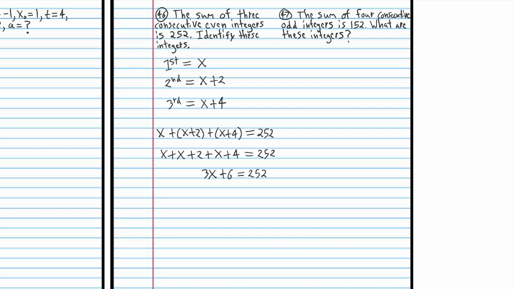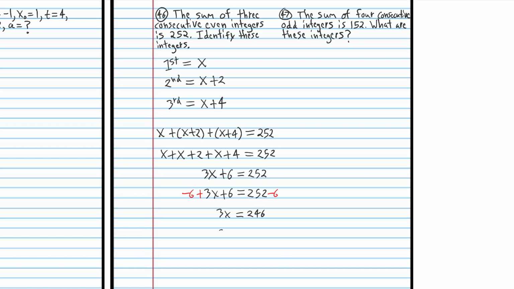So we're going to perform an operation on both sides of the equation. We have to rewrite the equation, and we're going to get rid of the 6 first. So 252 minus 6 is 246.